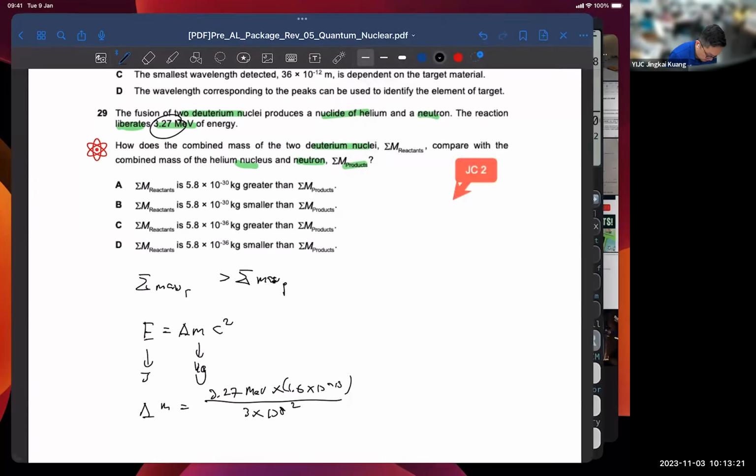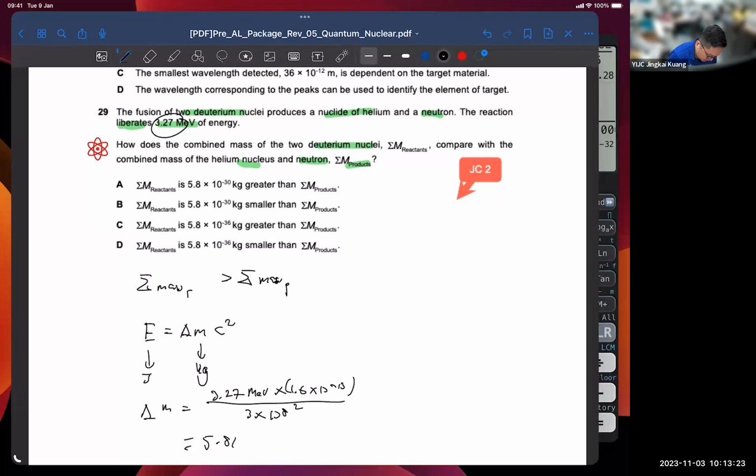So the best answer here is A. The reactants are 5.8 times 10 to the negative 30 kg more than the products, because this reaction liberates energy. Liberate means you lose energy, your binding energy increases, your mass decreases.